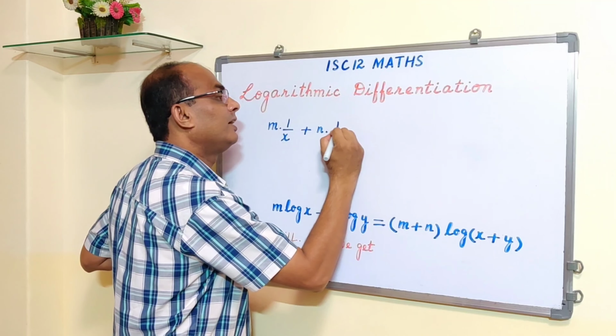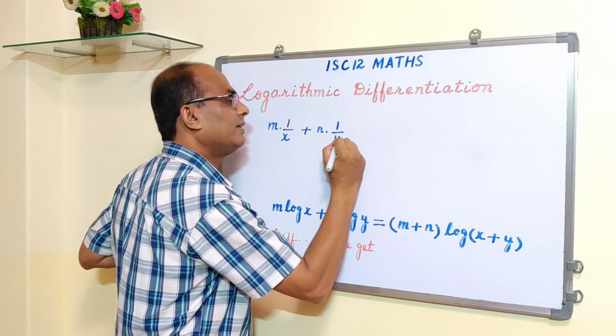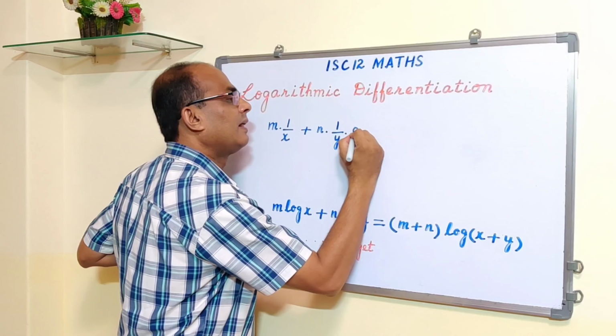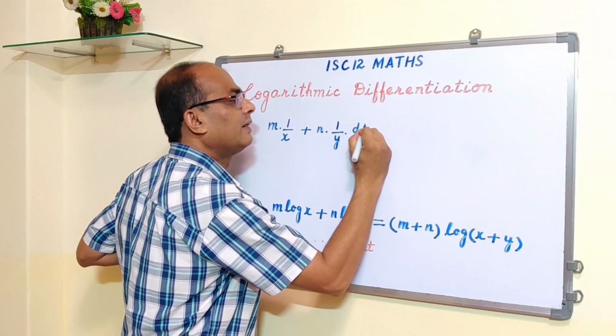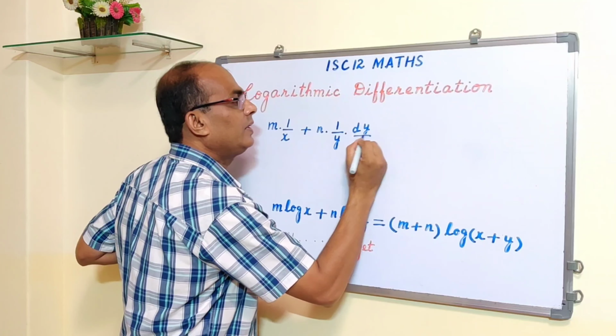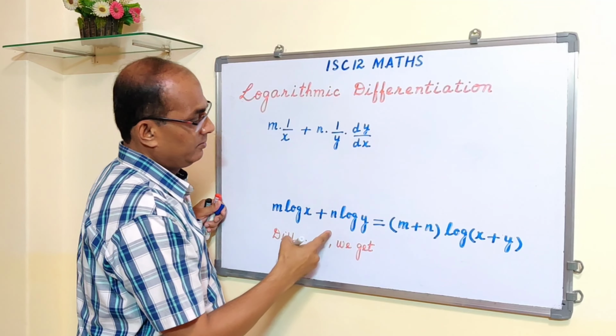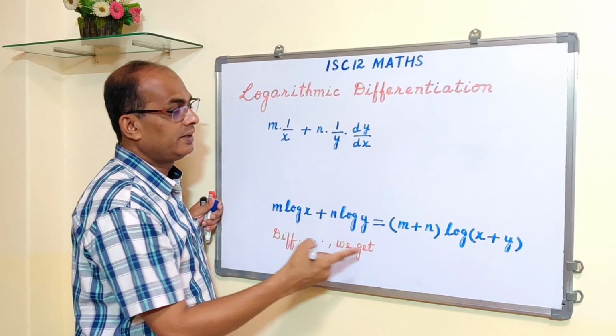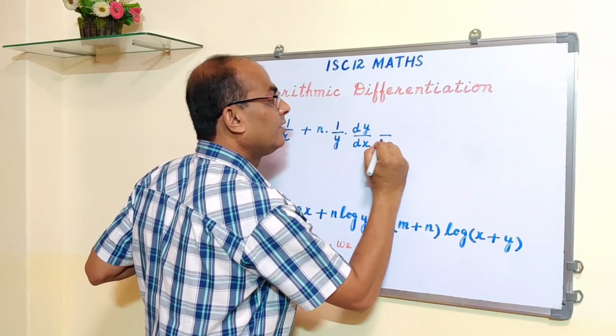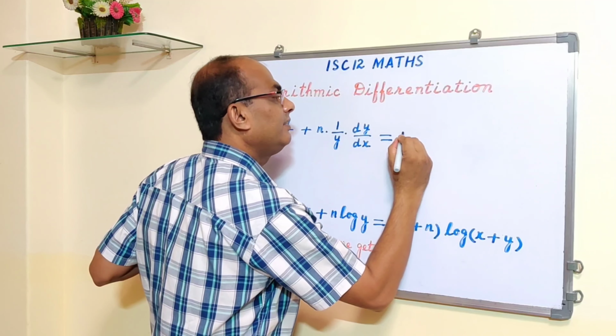That means 1 upon y into dy upon dx. Got it? One upon y into dy upon dx is equal to m plus n as it is.